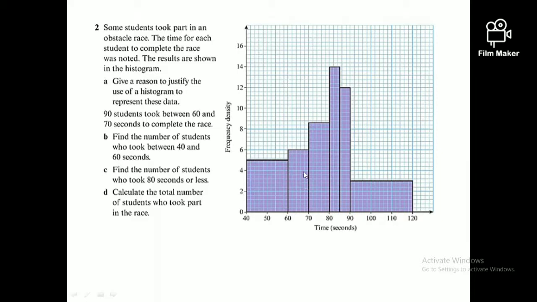Here we know that there are 90 students. Altogether 150 plus 90, that is 240. Then we need to find the number in this category only.